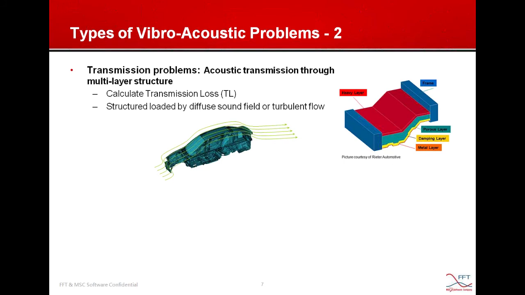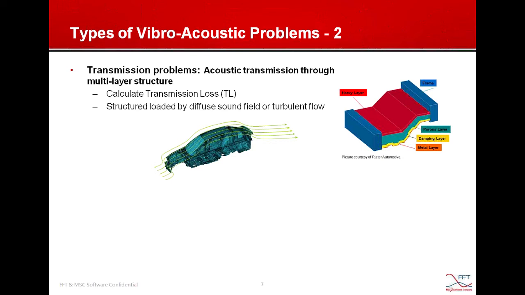Then other types of vibro-acoustic problems include transmission problems. This problem solves the acoustic transmission loss through either a single layer structure or a multi-layer structure. In such type of problems, we often apply a realistic random load, such as a diffuse sound field or a turbulent boundary flow model, on one surface of the structure.